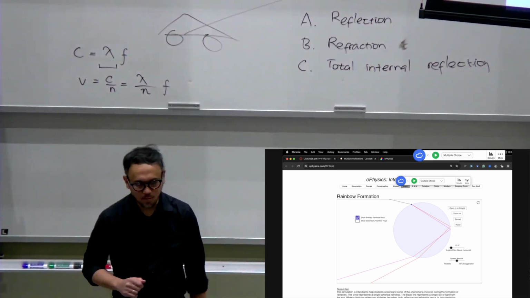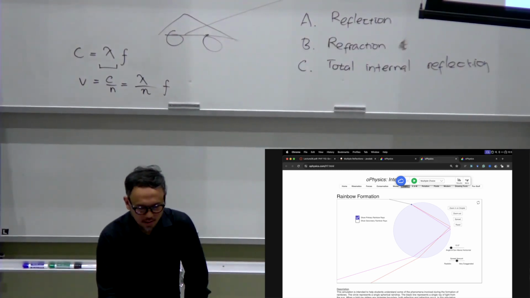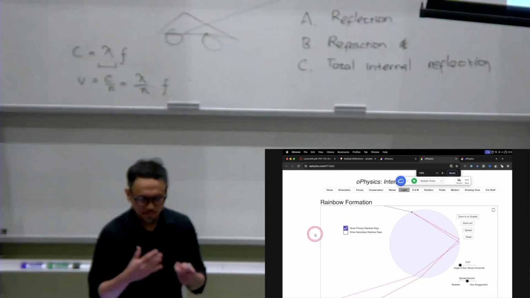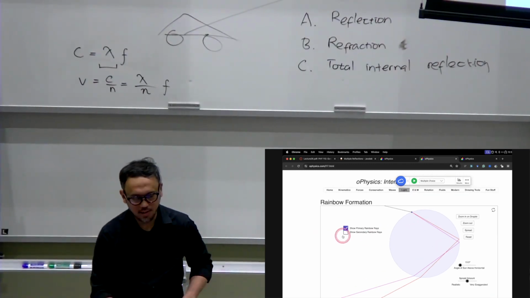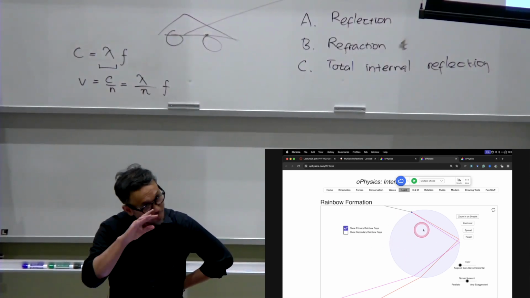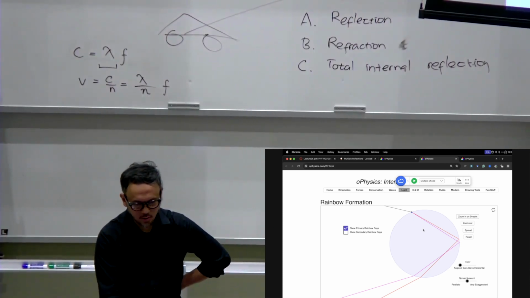All right, so iClicker. The formation of a rainbow typically only happens after rain, because you need different materials to perform dispersion and also to bend light. Here, light comes from above the droplets, and your eyes are far below the water droplets, and the water droplet is this blue circle here.